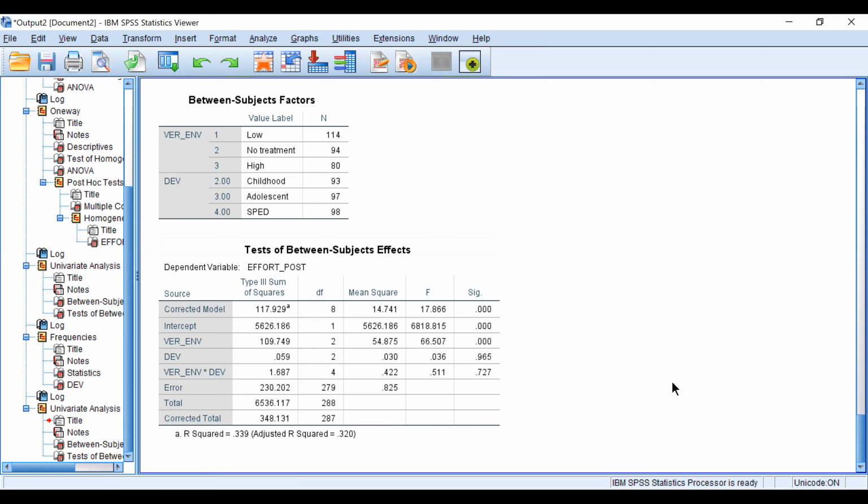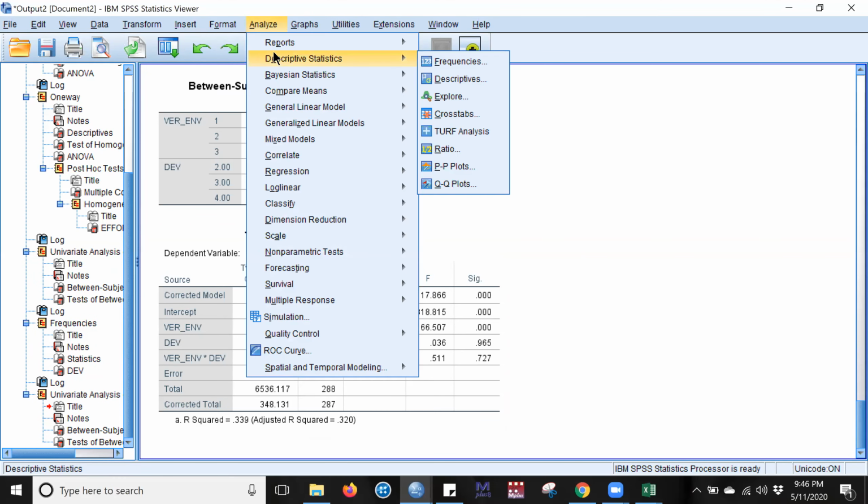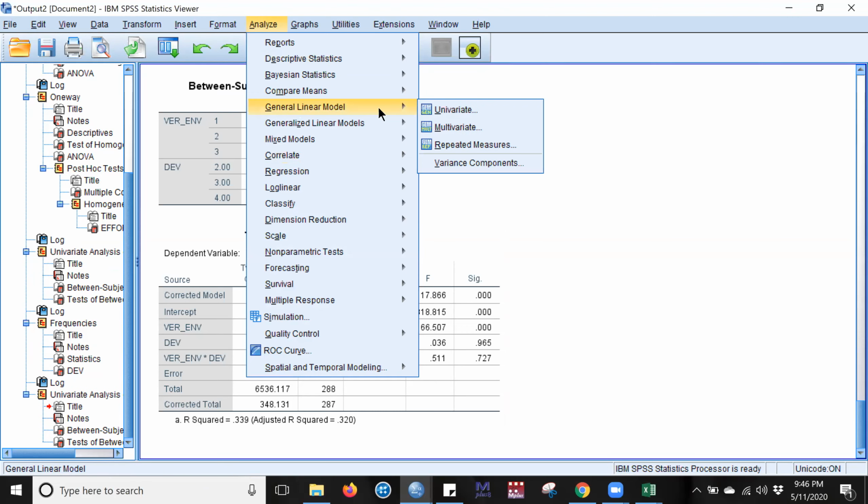And rather than show you the same type of post hoc tests as before, I'm going to show you a different way, which can be done simultaneously, to look at this, and then we'll be done for now.